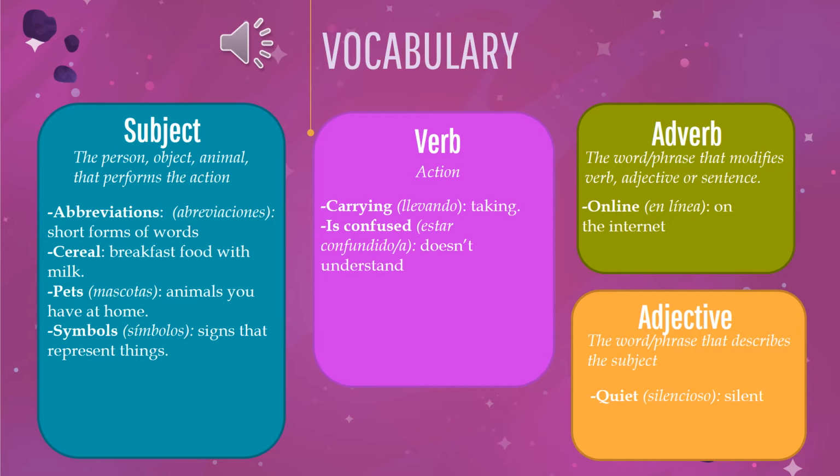Then we have pets. What are pets? Those are the animals that you have at home, okay, like cats, dogs, some birds, or fish. Symbols. Symbols are signs that represent things.